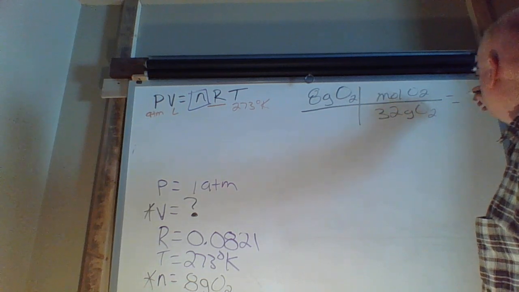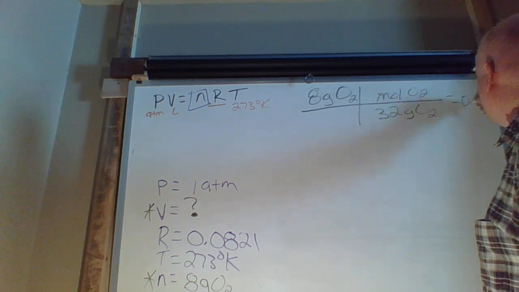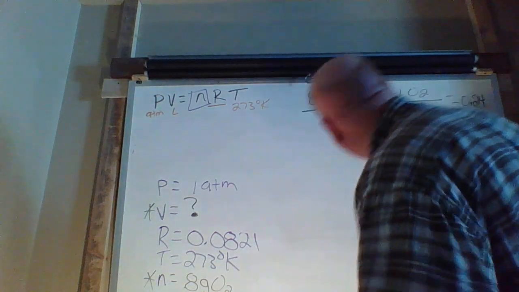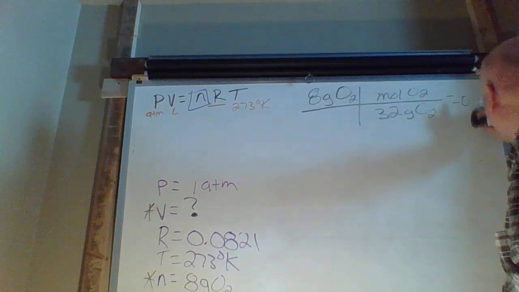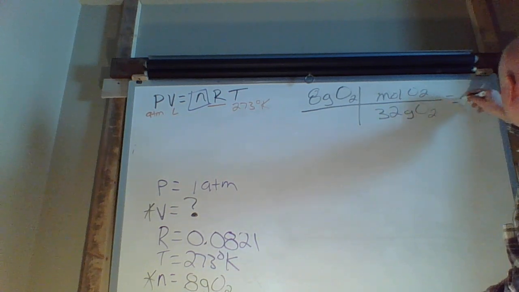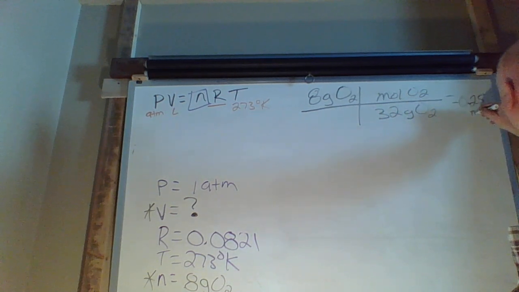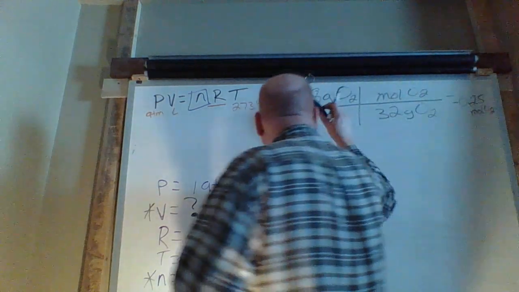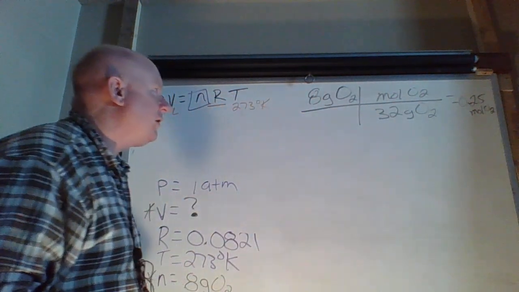So if that's the case, that would be 0.25 moles of O2, okay? So 8 over 32 would give you a quarter.